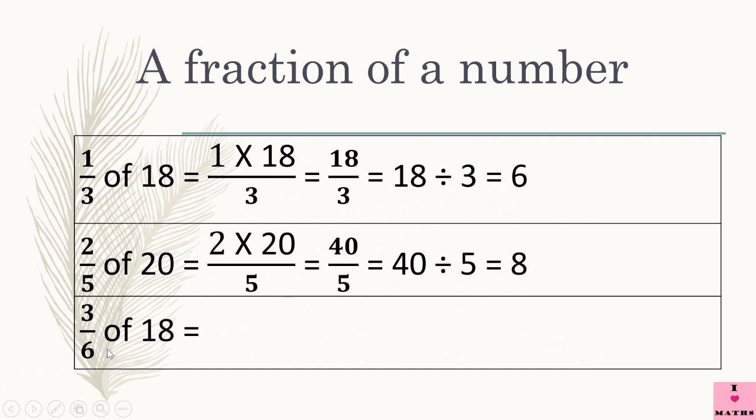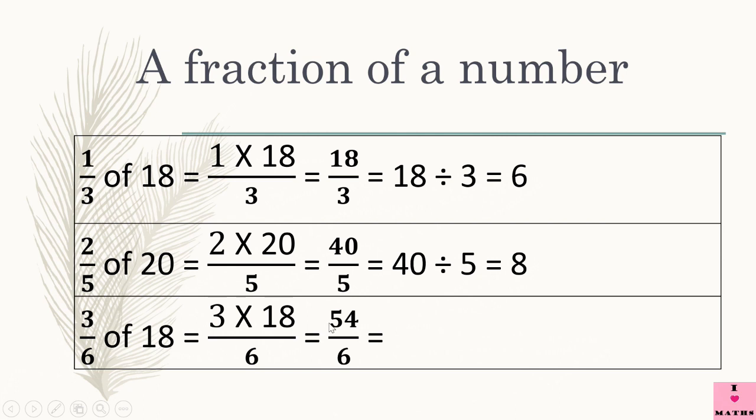3 upon 6 of 18. This means 3 upon 6 multiplied by 18. This is equal to 3 multiplied by 18 upon 6, which is equal to 54 upon 6. 18 threes are 54.